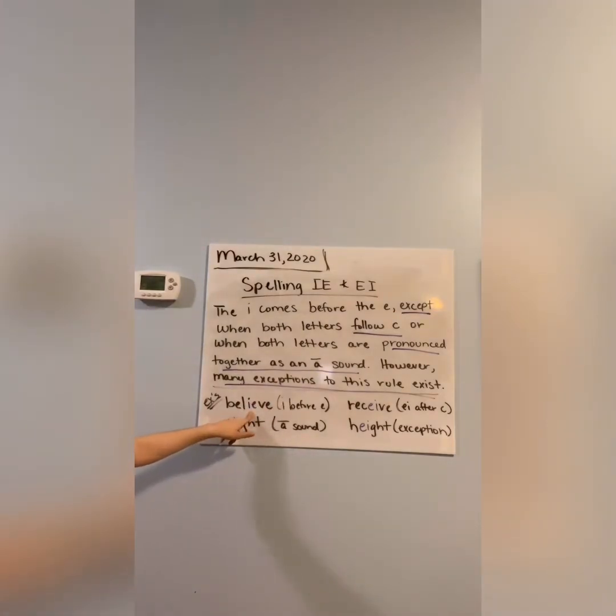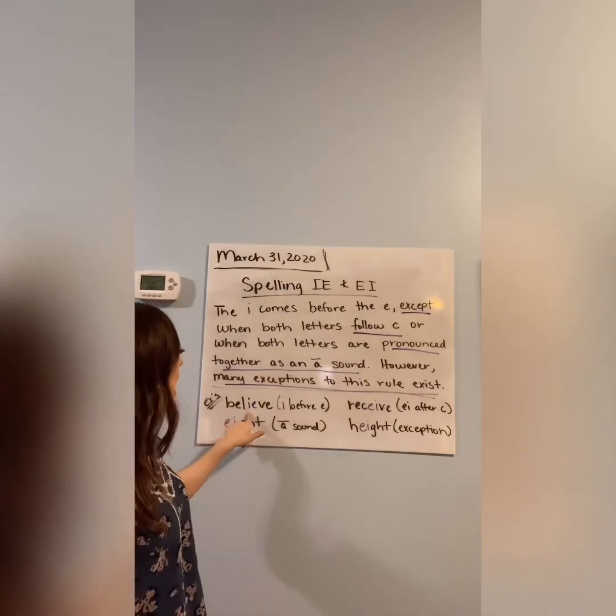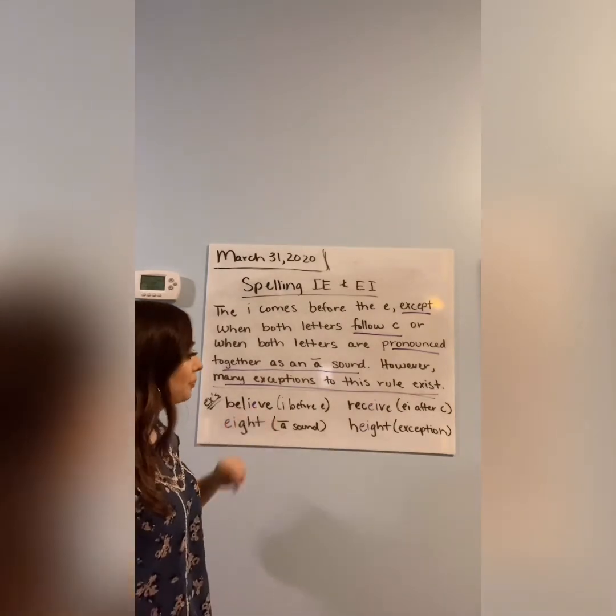No. And whenever these two letters are pronounced together, is it making a long A sound? No, it's not. And this word is not an exception. Because none of those apply, the I would come before the E in this case. So believe, it would be I-E. I comes before the E.